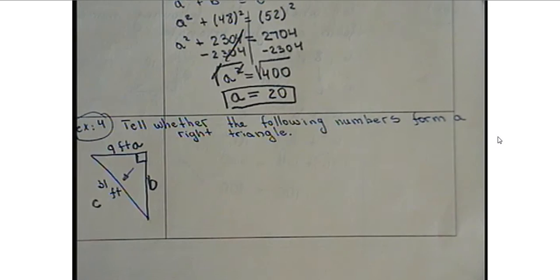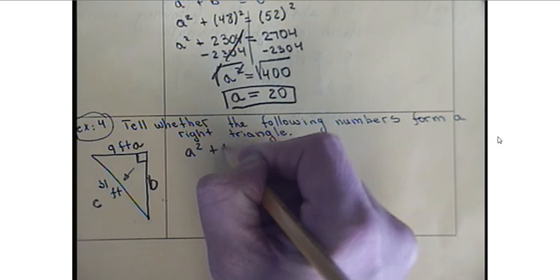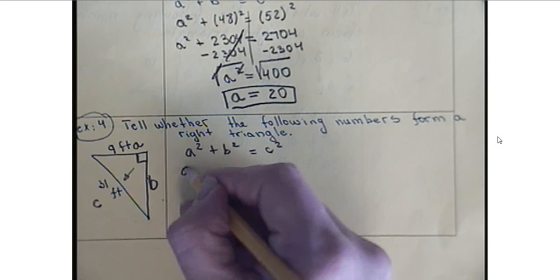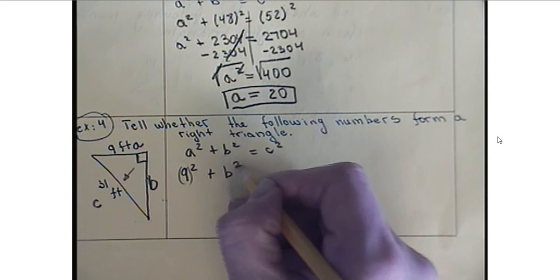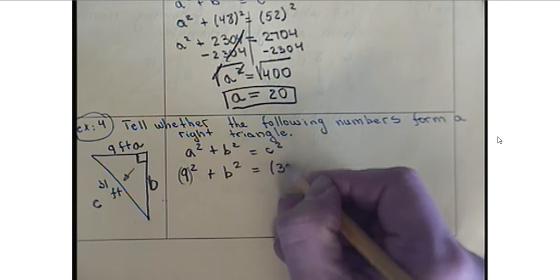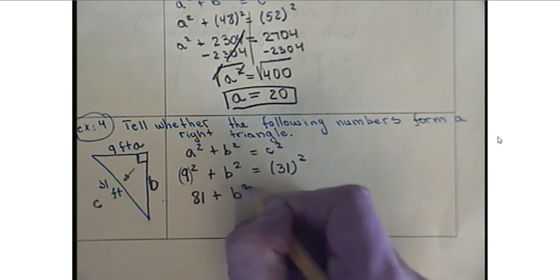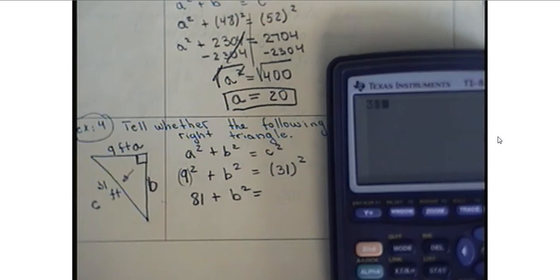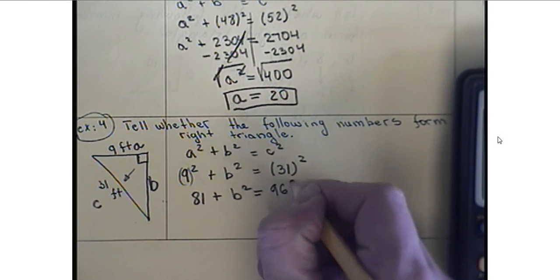So which one is missing, or which one don't we know? Well, that will be leg B. So A squared plus B squared equals C squared. A is 9, so we type 9 squared plus B squared equals 31 squared. 9 squared is 81 plus B squared equals, I just need to use the calculator to get 31 squared, which is 961.